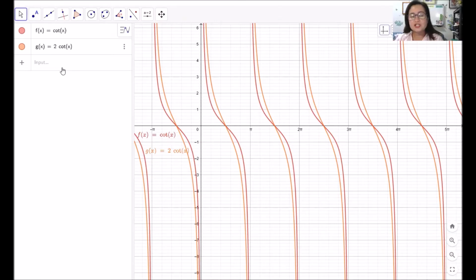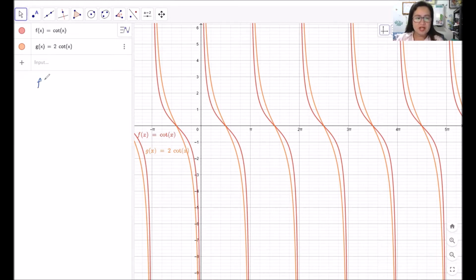Now let us discover the effects of changing the values of the variables a, b, c, and d. Let's start with the change in the value of a. Let's say we have g of x described by 2 cotangent x.